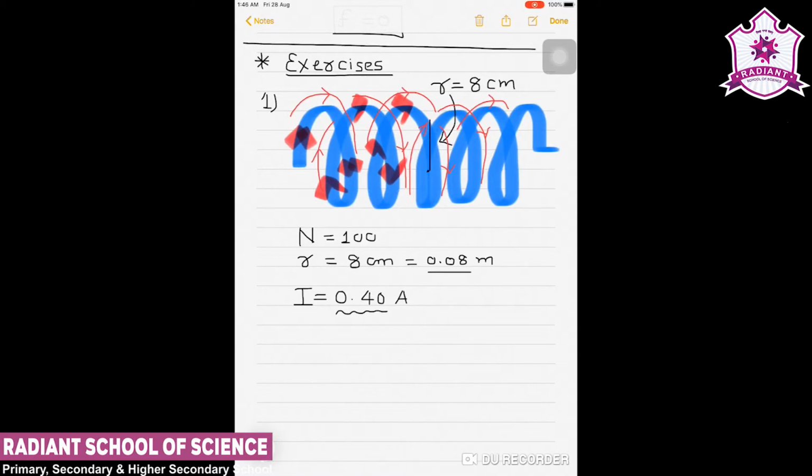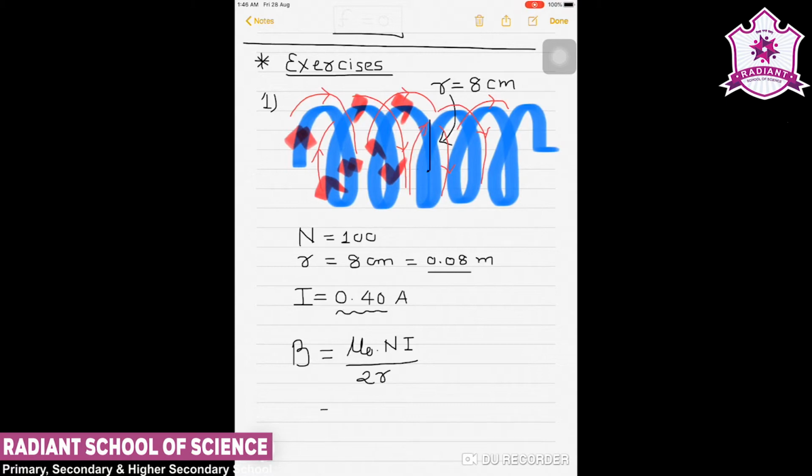Now we are asked to find the magnetic field. Obviously for the coil and its center we have the equation of the magnetic field, B equals mu 0 into N I over 2R. This is a simple equation and we have all the values.